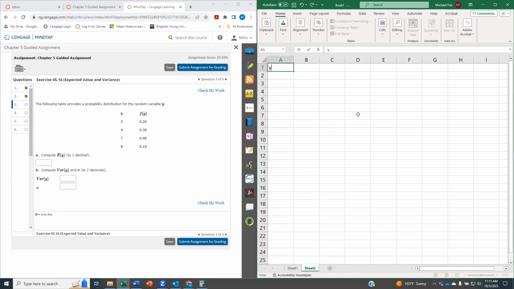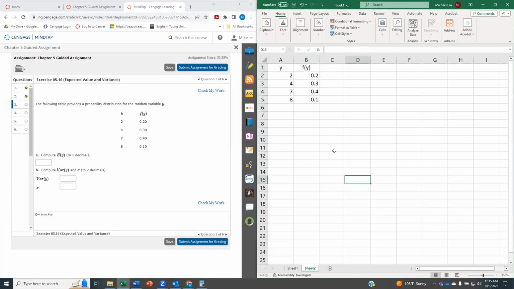So we're going to go y and f of y: 2 and 0.2, 4 and 0.3, 7 and 0.4, and 8 and 0.1. All right, so we just have that same information from this little table put into Excel now to make our life a little easier.